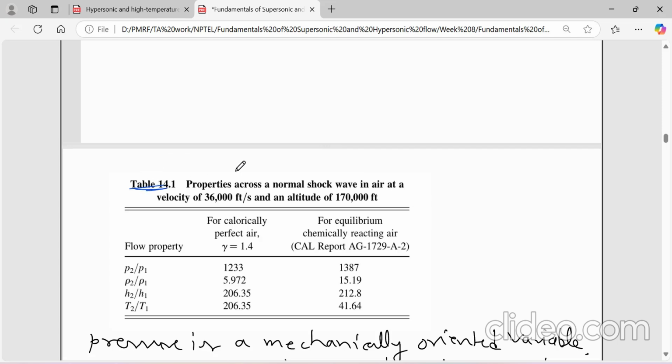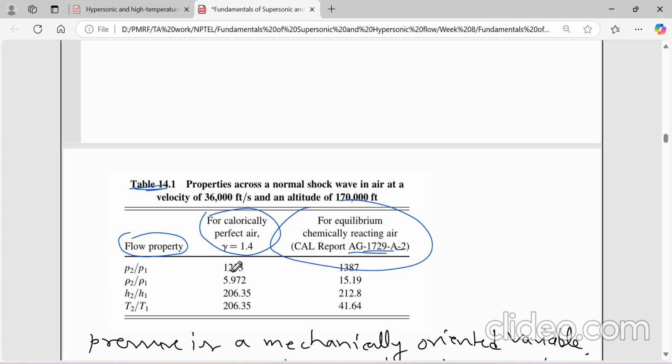It gives the properties for a normal shock wave in air at a velocity of 36,000 feet per second and an altitude of 170,000 feet. So these are the flow properties: p2/p1, rho2/rho1, h2/h1, T2/T1. It is given for calorically perfect gas and for equilibrium chemically reacting air, which is taken from a report, with this report number.